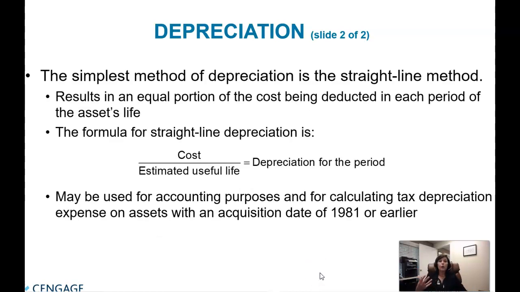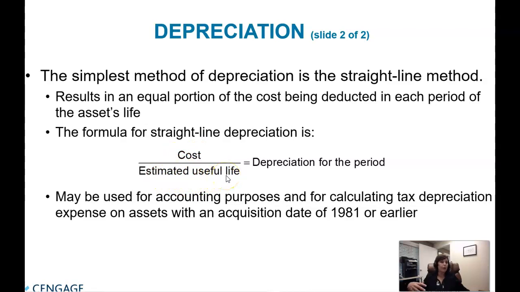But first, we're going to recap, and hopefully this will be review from your prior accounting courses, the various methods of depreciation. We'll start with the simplest, which is straight line depreciation. It's a simple calculation. We take the cost of the item and divide it by the estimated useful life of the item.